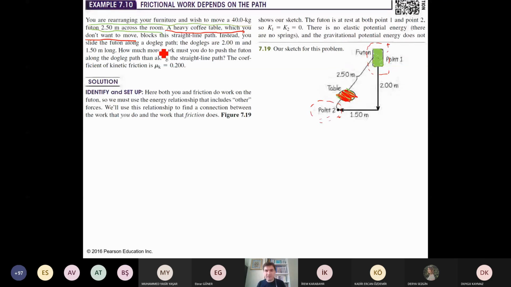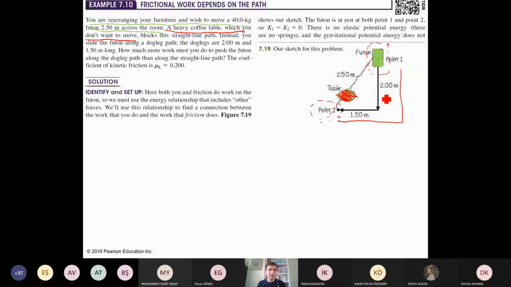So this is the easiest way, but since there's a table here, you have to move in these directions, okay? The doglegs are 2 meters and 1.5 meters long.